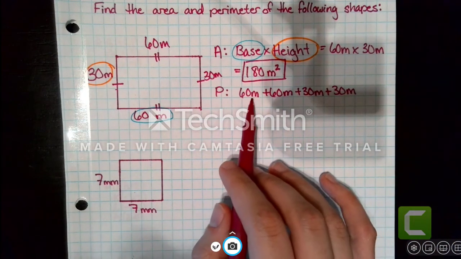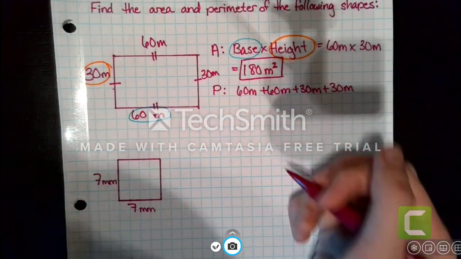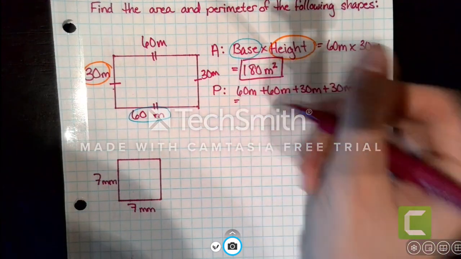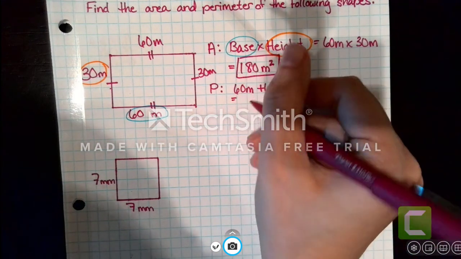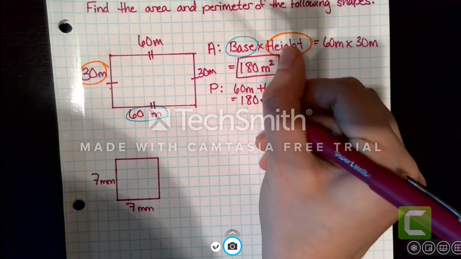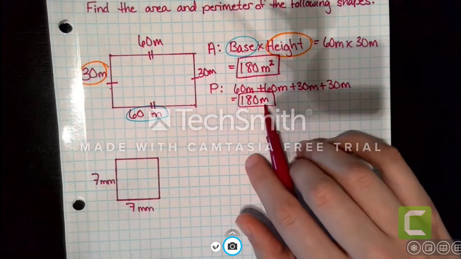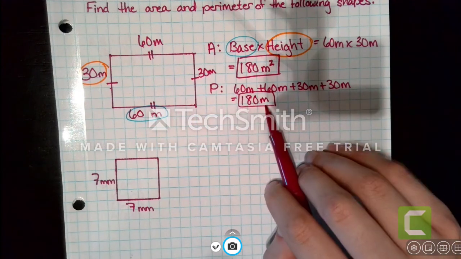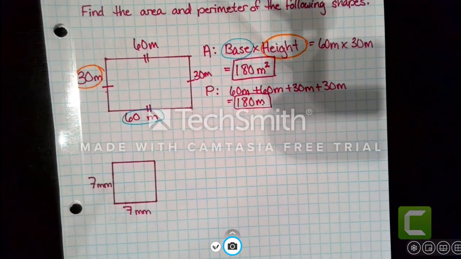So in the end, you should still just have meters as your unit. They should not be squared. So if I add 60 plus 60 plus 30 plus 30, you should get 180 meters as your answer. Again, not squared. When you have the perimeter, your units should just be left as given. And that's how you find the area and perimeter of a rectangle.